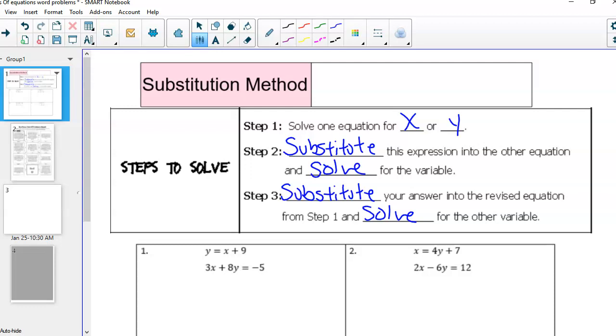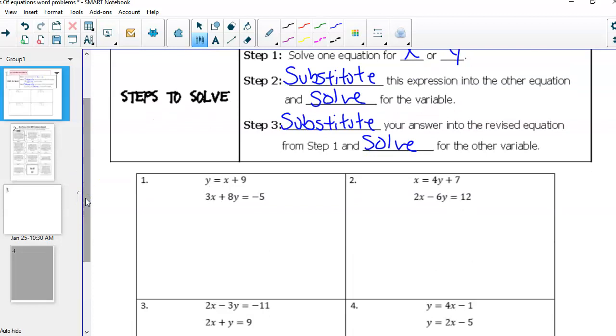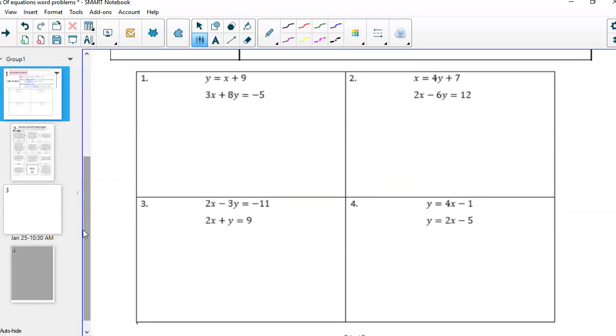I'm just gonna get it in like 10 minutes. That's fine. Put it back.